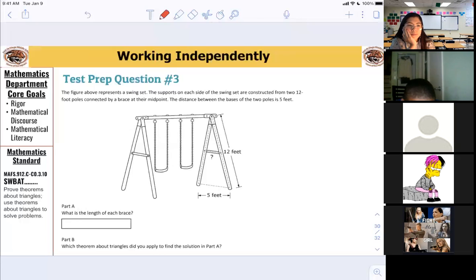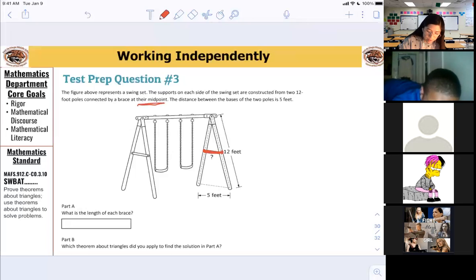The figure above represents a swing set. The supports on each side of the swing set are two 12-foot poles connected by a brace at their midpoint. The distance between the base of the two poles is 5 feet. Okay, so this is the brace, and it tells you that the brace is connected at the midpoint.